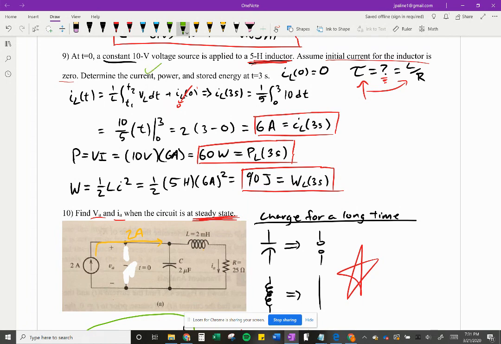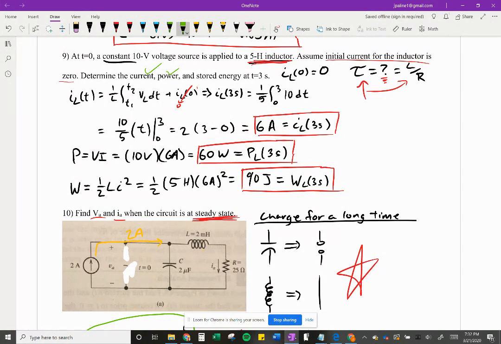Power, so P is equal to VI. So now we know the voltage is constant, so constant 10 volts, times 6 amps, we solved for that earlier, so 60 watts at 3 seconds. Now solve for W. Remember W is going to be energy on the formula sheet, so it'll be 1/2 Li squared.